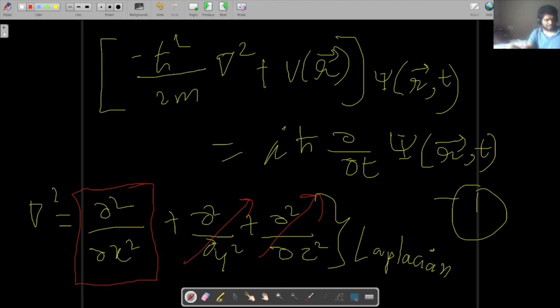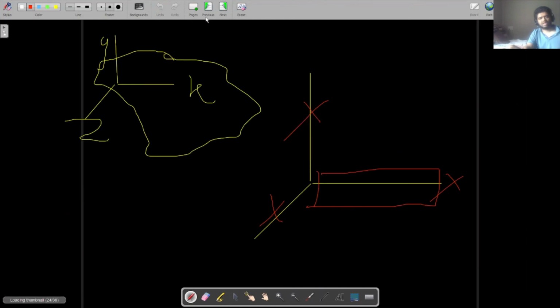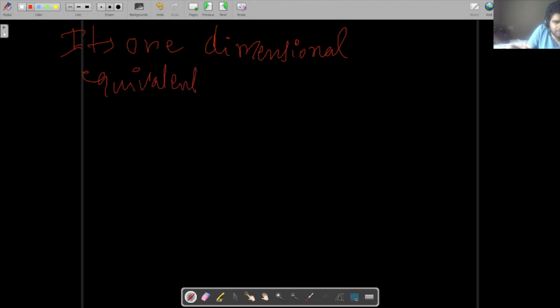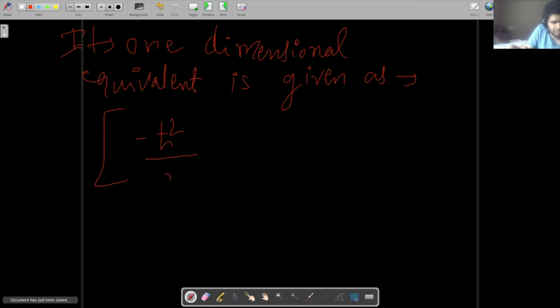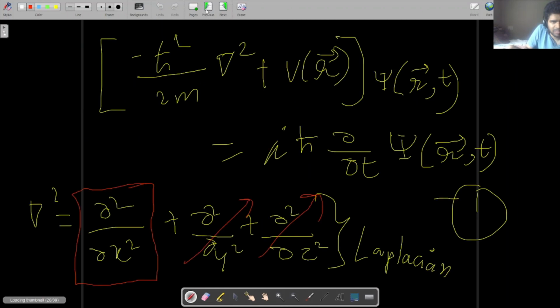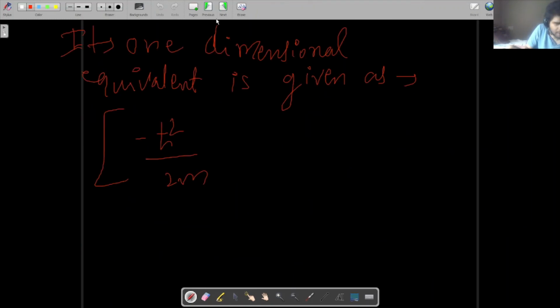So the one dimensional equivalent is given as minus ħ² over 2m, and here it was del square, which means Laplacian.